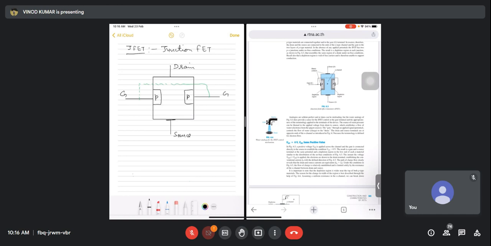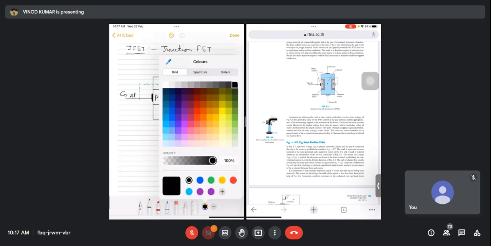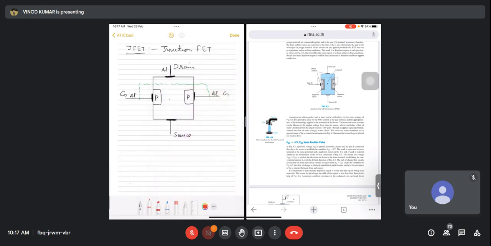These are ohmic contacts, means metal contacts are there. They are like wires actually, aluminum wires generally. And this is P semiconductor. This is N semiconductor in between.